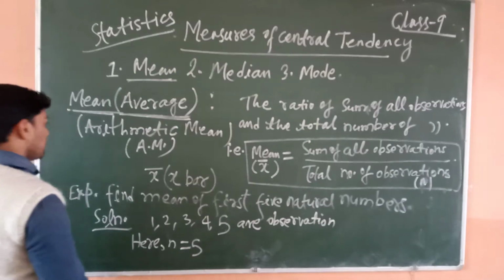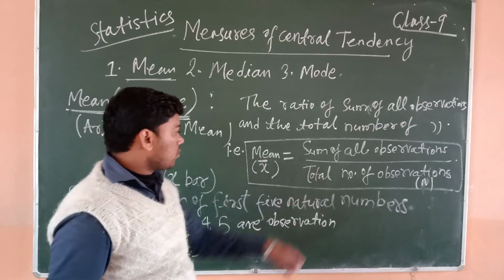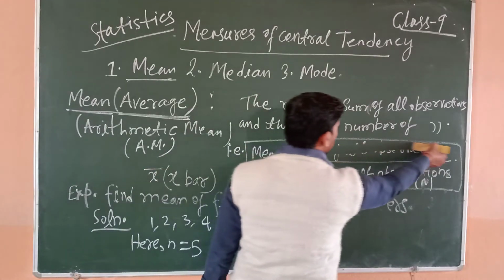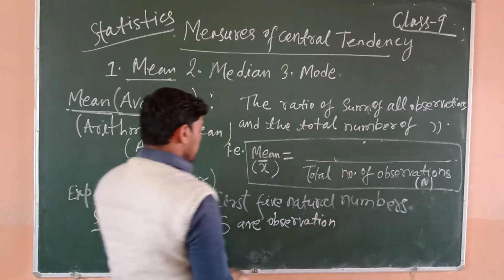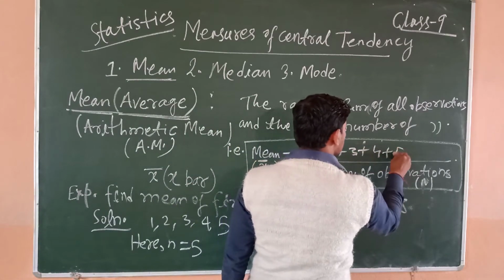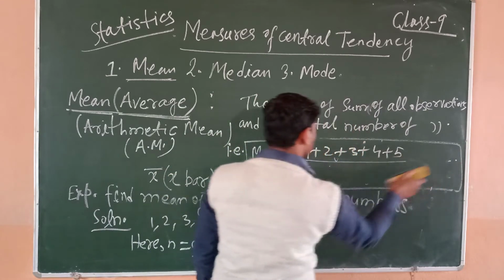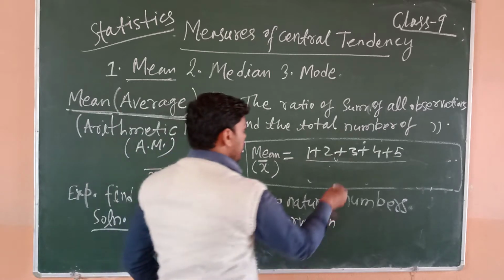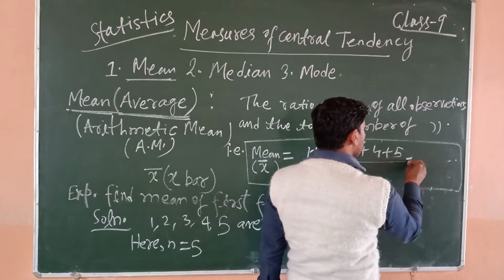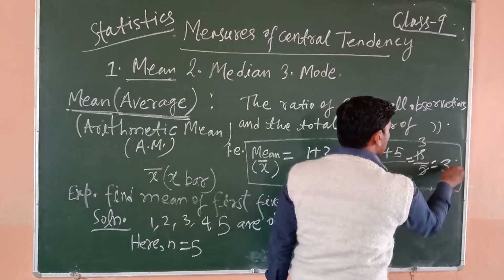So mean is equal to sum of all observations upon total number of observations. Sum of all observations is 1 plus 2 plus 3 plus 4 plus 5, which is 15. Total number of observations is 5. 15 upon 5 is 3.